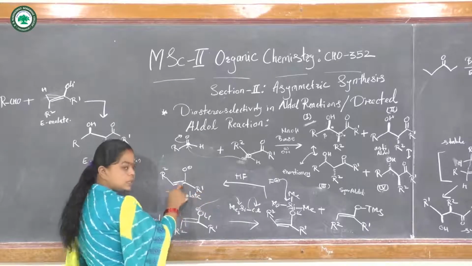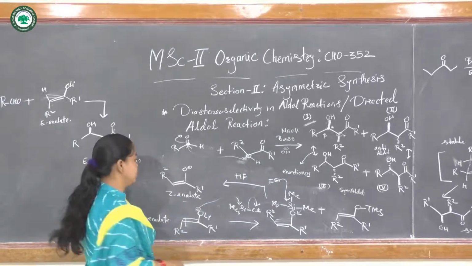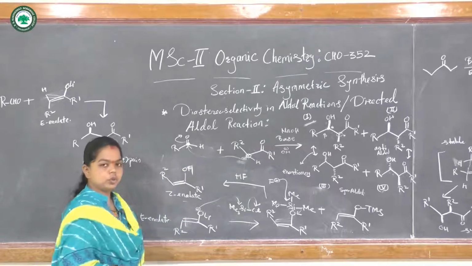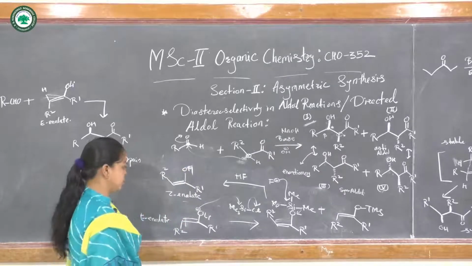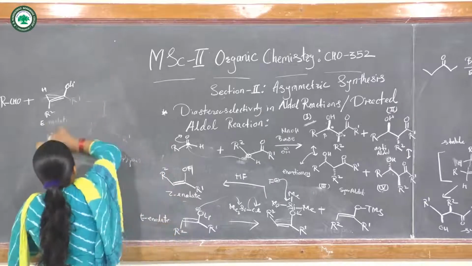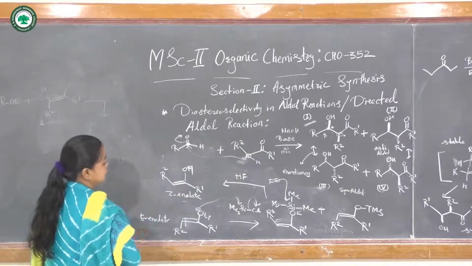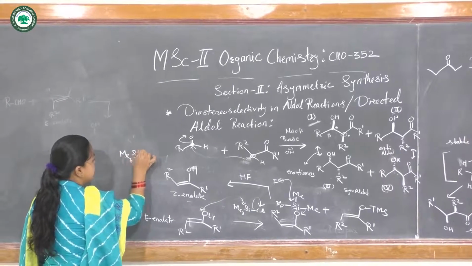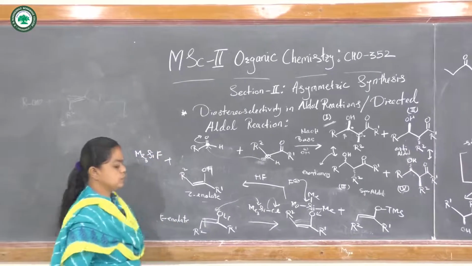So we get the separate Z enolate here, or enol, or it may get protonated. So the Z enolate is formed and the corresponding trimethylsilyl fluoride compound gets removed.